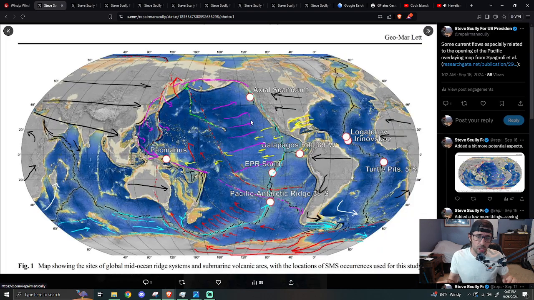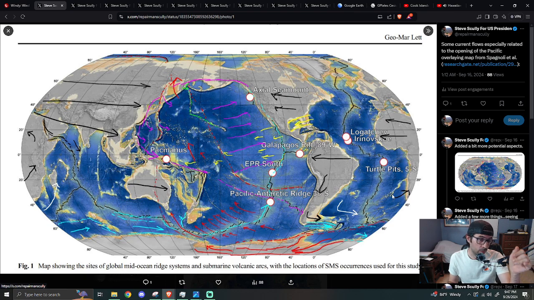This is a general mapping of current flows in the Pacific. Something a little general, but something important of this is the interaction of the current going from, so hopefully you've seen my recent videos, or else this will make no sense.